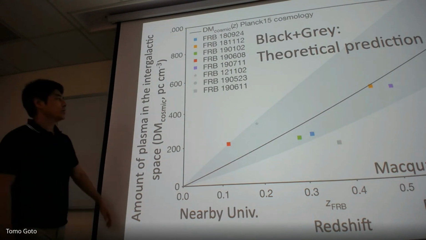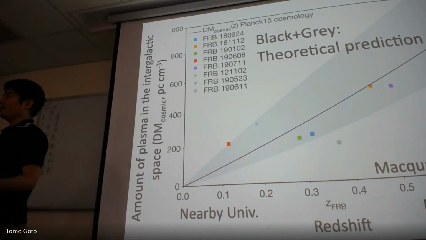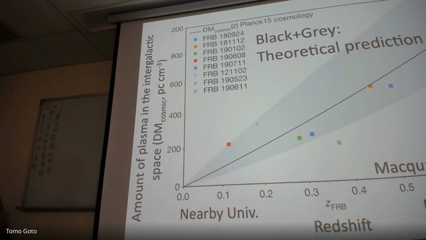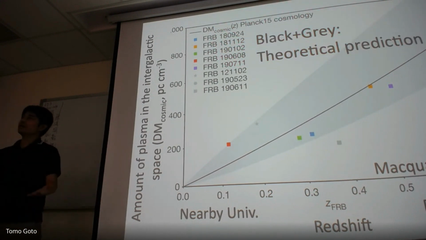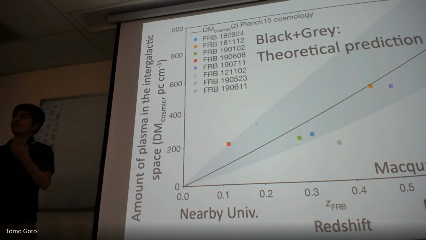The point is that using fast radio bursts, you can directly measure this plasma in intergalactic space. That is shown by these markers here, in different colors. There's also a theoretical prediction here, assuming that missing baryons exist in intergalactic space in the form of plasma.